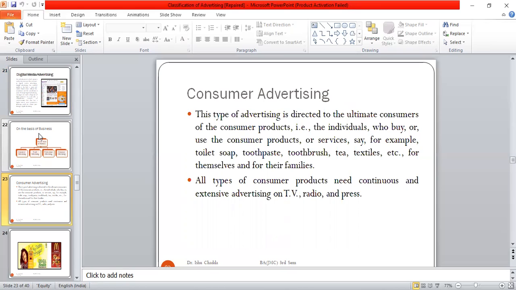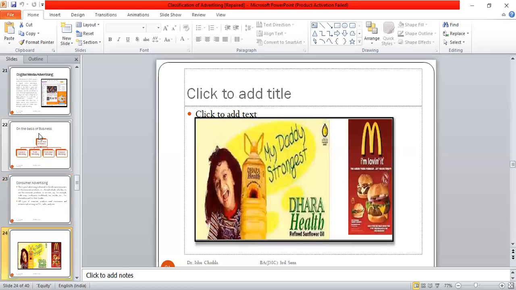For example, soaps, toothpaste, toothbrush, tea, textiles, which consumers use for themselves and for their families. So this is a type of consumer advertisement. All these types of ads appear on TV, radio, and press media. The ad has been given for consumer purposes only. The first one belongs to Dhara Health and the second one belongs to McDonald's.